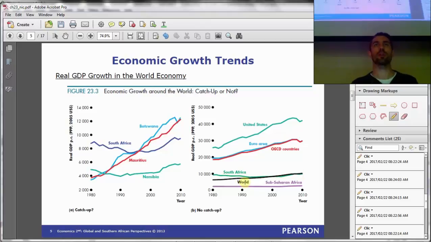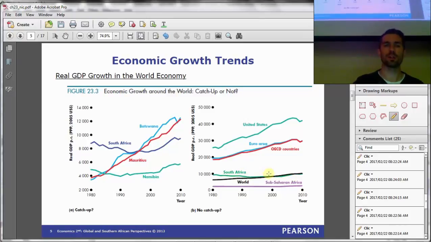South Africa's not looking that great. It's looking a lot like sub-Saharan Africa, except obviously much higher. We've got a high level of GDP relative to sub-Saharan Africa, but sub-Saharan Africa is not growing, and neither are we. The rest of the world is looking pretty good.